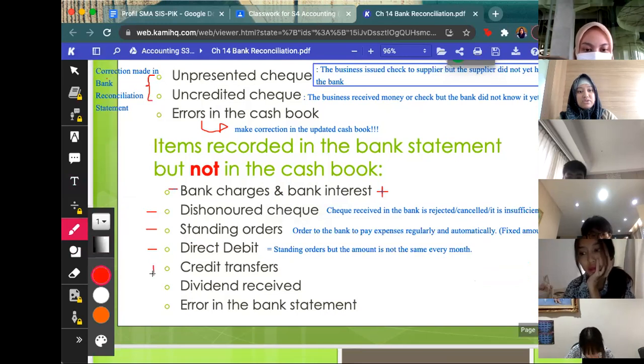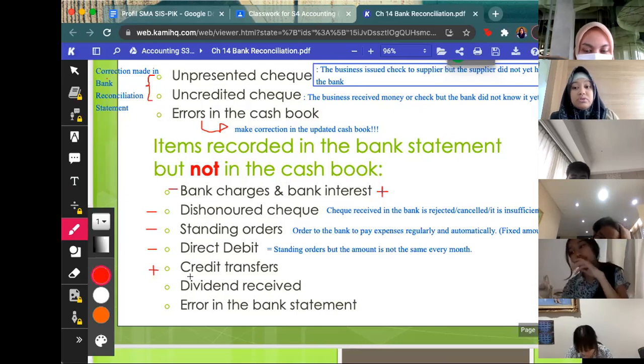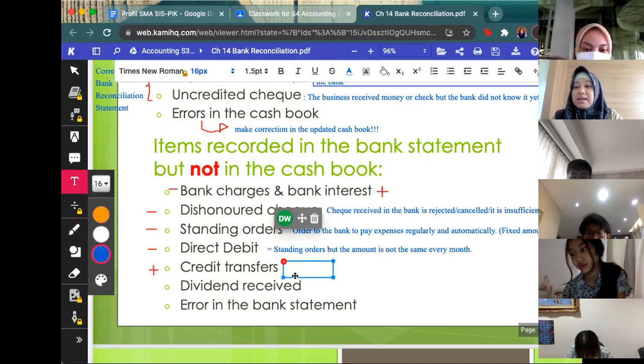What is credit transfer? Usually, there are some customers who are really disciplined with time, so they will transfer what they owe to you without telling you. They paid their debts, but did not inform you in the first place. So the point is you will receive money, but you did not know that your customer has just paid you.